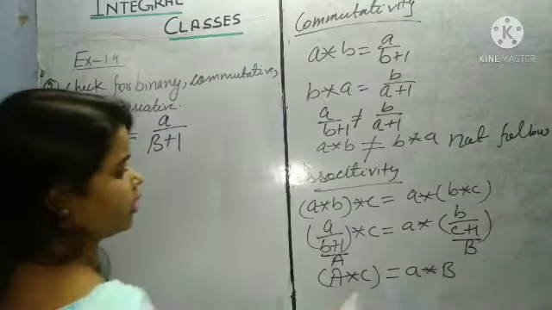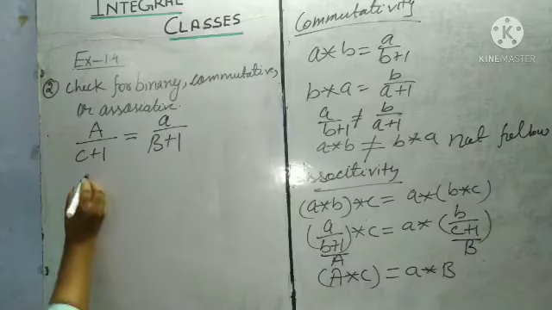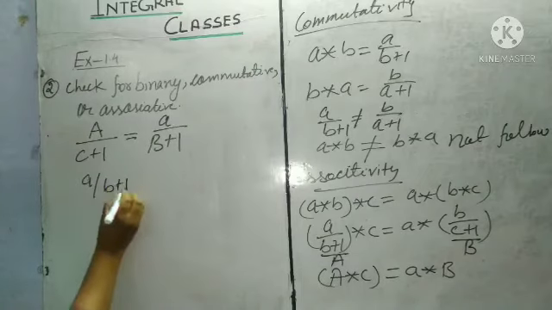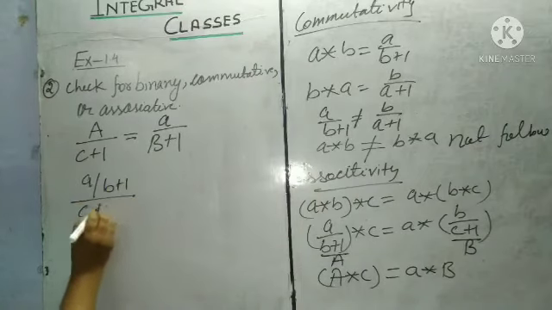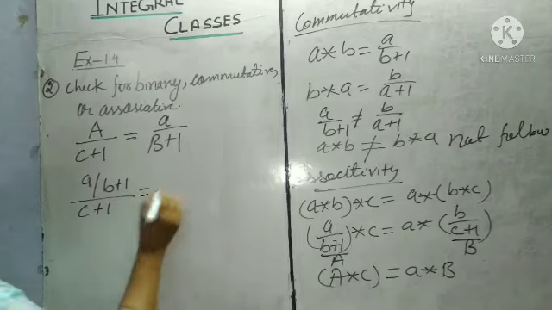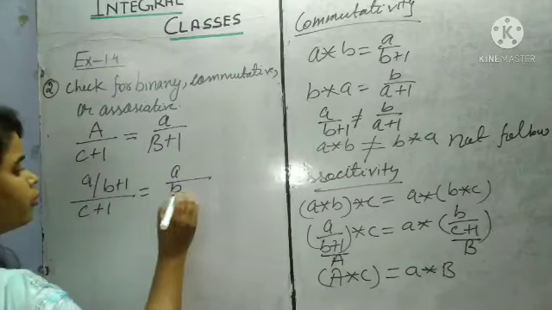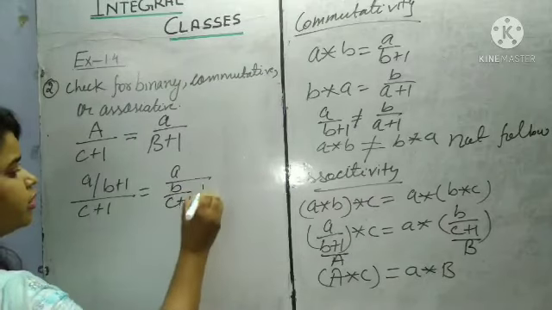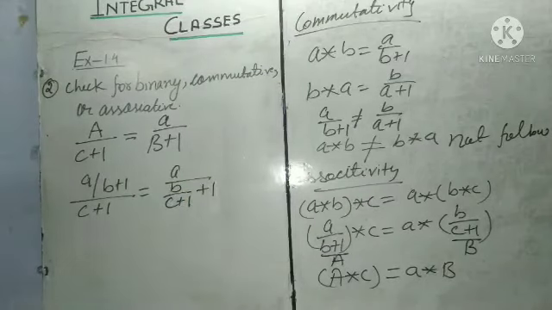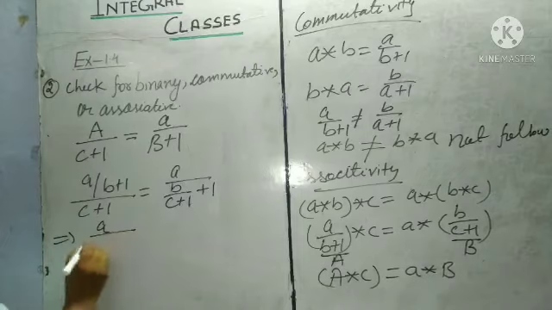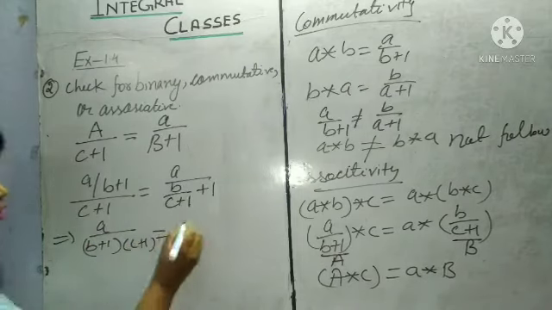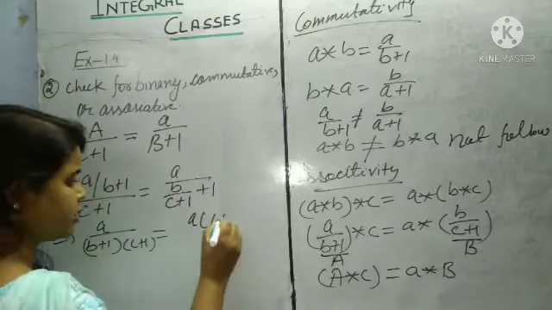Now we will put the value of A, B here. A is equal to A upon B plus 1 upon C plus 1. And other side B equal to B upon C plus 1 plus 1. Now we will take LCM. So it should be A upon B plus 1, C plus 1 equal to A, C plus 1.